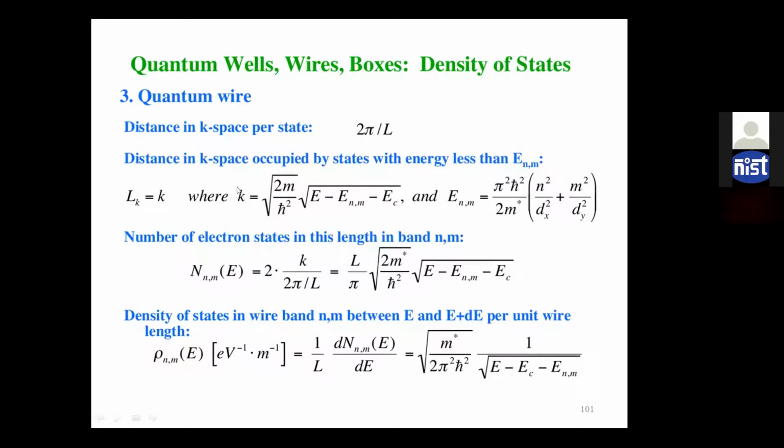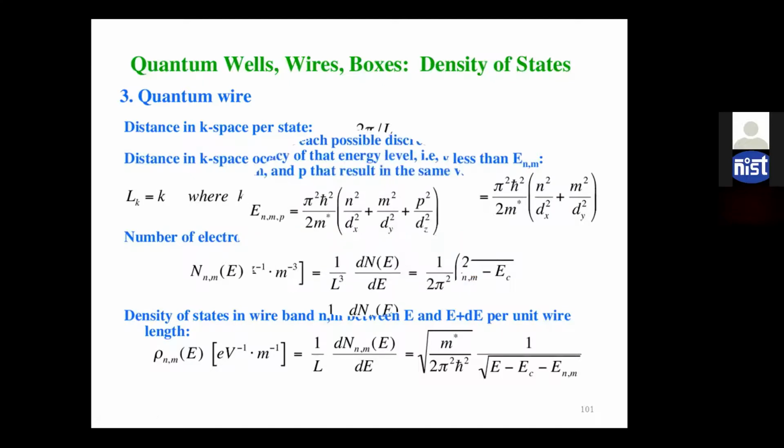If you find the number of states with the same procedure in one dimension, that is the quantum wire, you get a dependence on the square root of E minus E_nm minus E_C. This E_nm is for the n and m directions, which are confined, while it is free in only one direction.